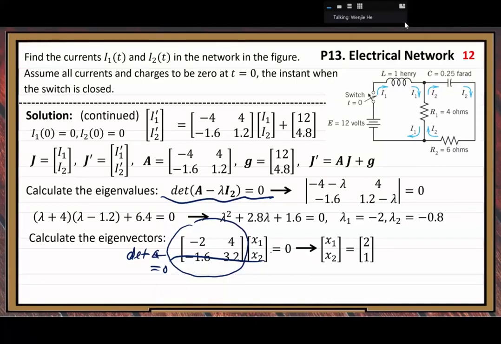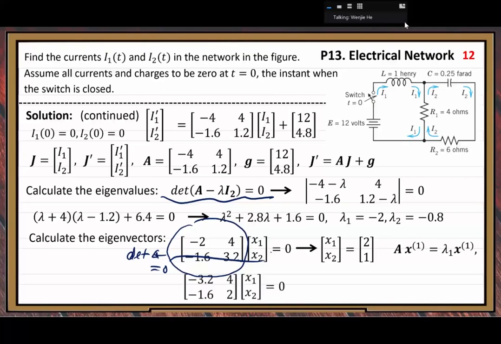You can easily see we take the first eigenvector, this 2, 1, the simplest possible solution of the first equation.